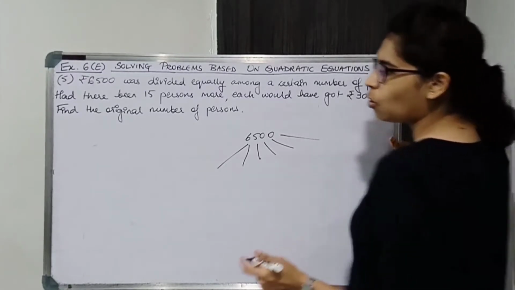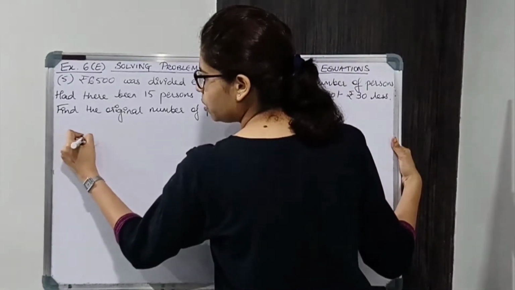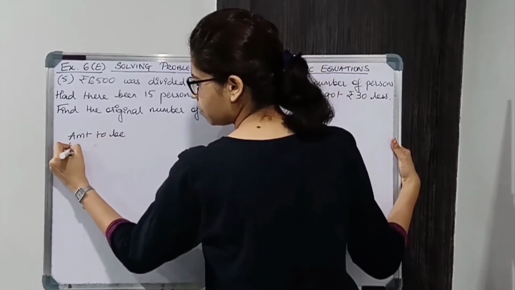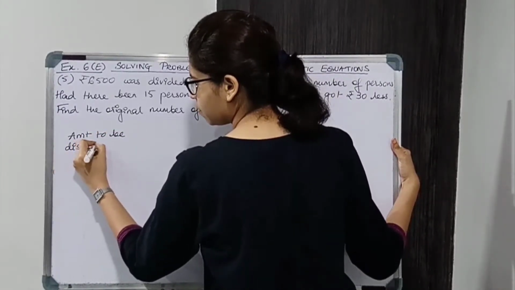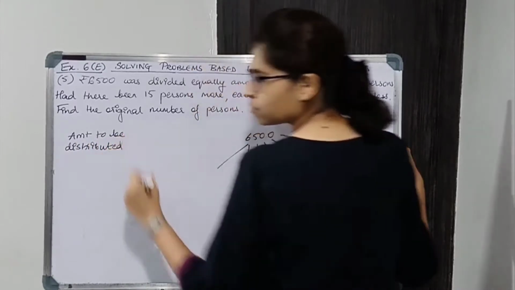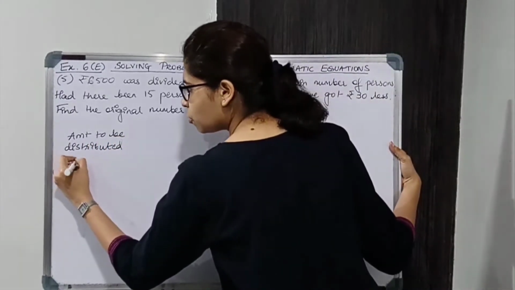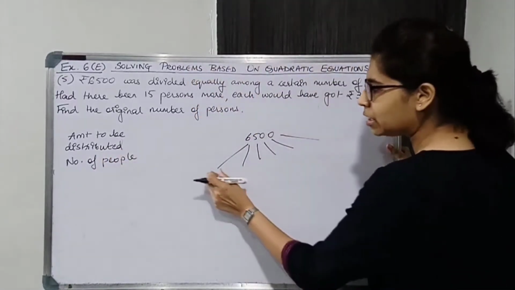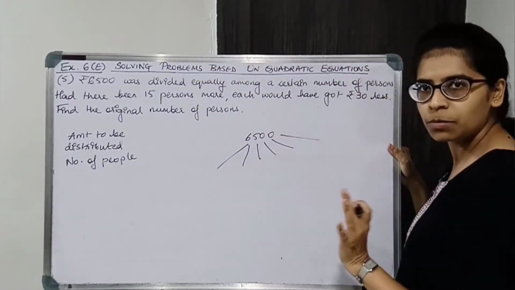So there is a certain amount to be distributed. Then there are a certain number of people. Now, each person will get an equal amount.